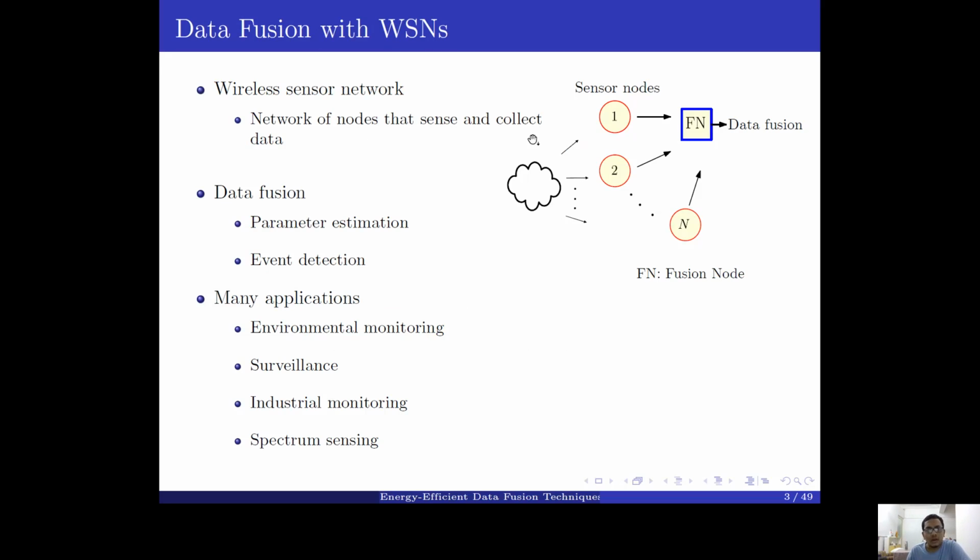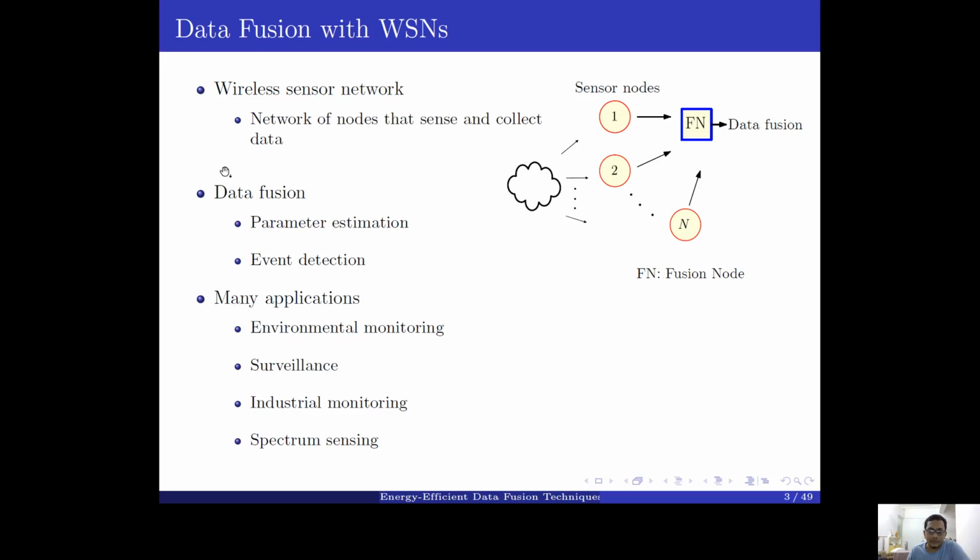As you all know, a wireless sensor network consists of a network of nodes that sense and collect data. In this work, we consider the following framework where there are n nodes in a network which observe some parameter and they transmit their recorded observations to a fusion node which performs data fusion.